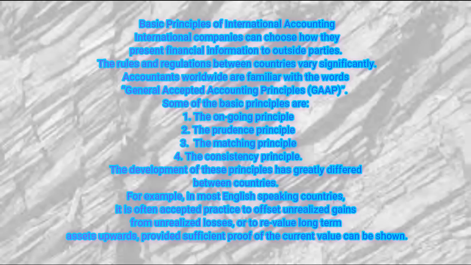The development of these principles has greatly differed between countries. For example, in most English-speaking countries, it is often accepted practice to offset unrealized gains from unrealized losses, or to revalue long-term assets upwards, provided sufficient proof of the current value can be shown.